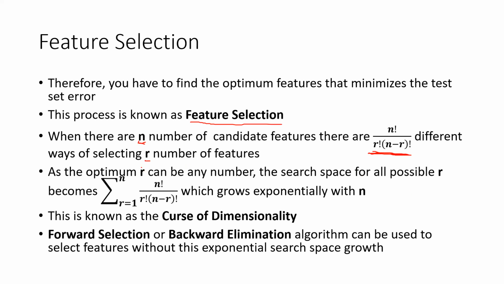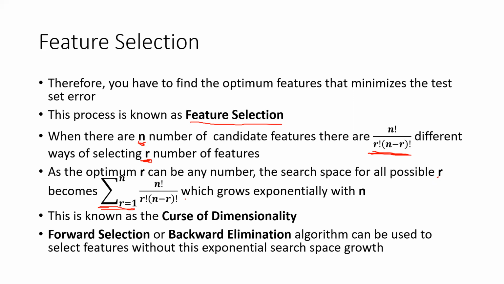And actually you may not know the number of features that you want to have in your model, right? So there are n candidate features. You don't know for which number of features the test error will get minimized. So you would have to run this for all the values of r, right?